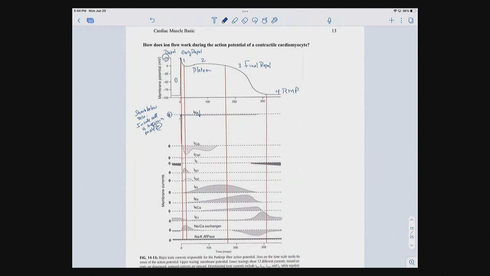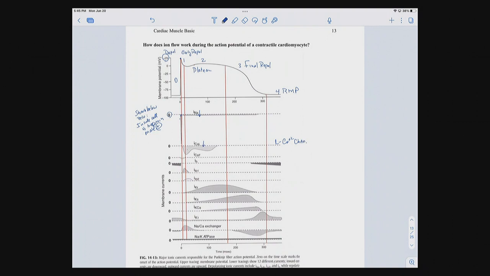Well, there are other things going on pretty much at the same time. It depolarizes, and in addition to that, we have our L-type calcium channel. It is beginning to open up, and it is allowing calcium to flow in.